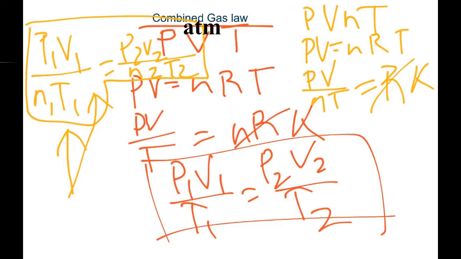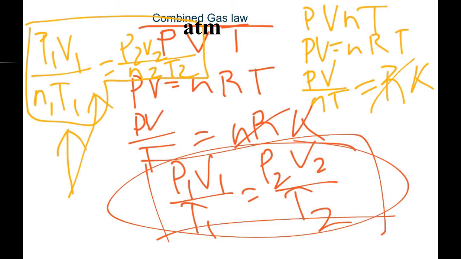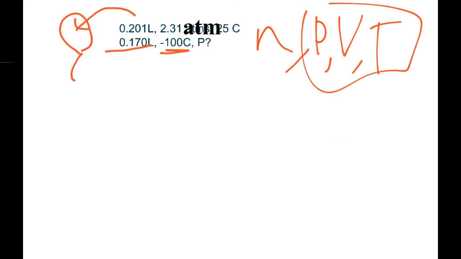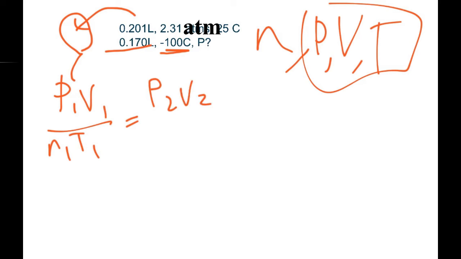Now we could definitely use the combined gas law, but I'll show you why this is my favorite. So P1V1 over n1T1 is equal to P2V2 over n2T2. If we know that n is constant, then we could just cancel it out from both sides since they're the same.